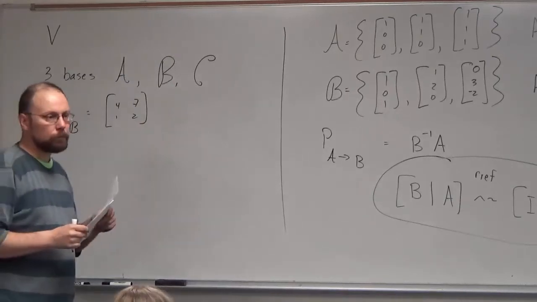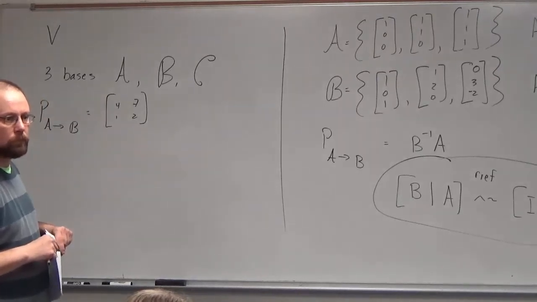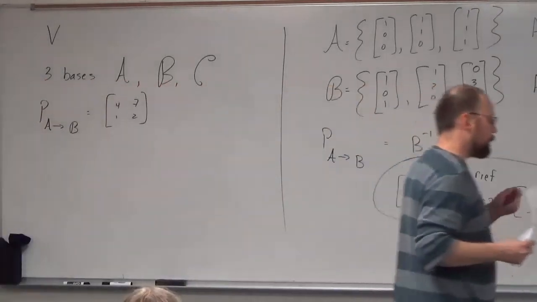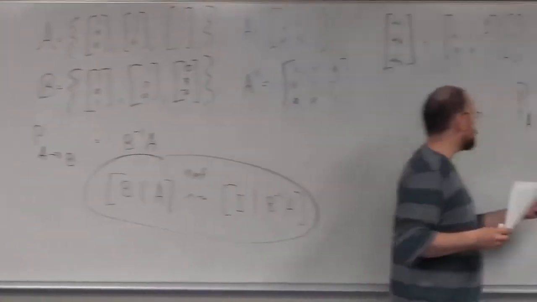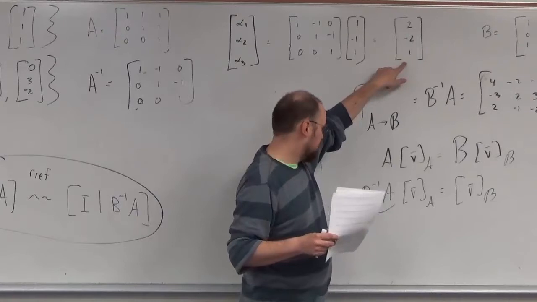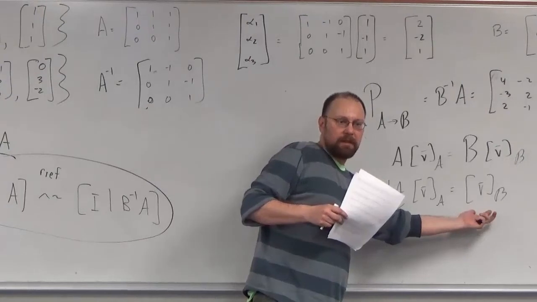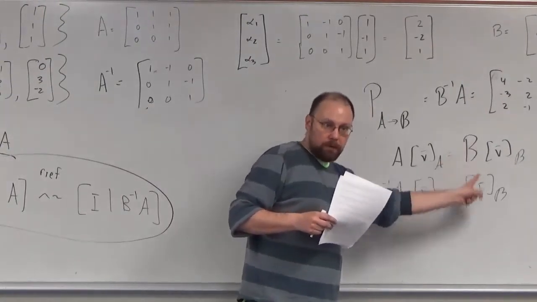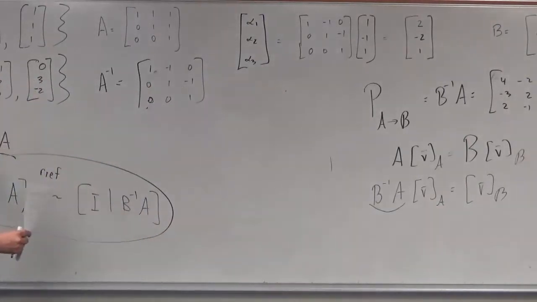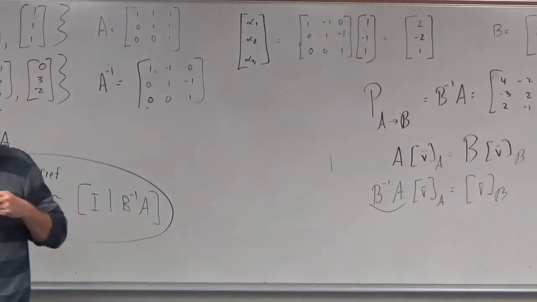The whole problem we did on the inverse matrices, what were we checking? Well, we found a transition matrix, multiplied it by the coordinate vector with respect to basis A, and got the coordinate vector with respect to basis B. We were checking that it was correct because the coordinates multiplying the basis elements should have given me the original vector, 1, -1.